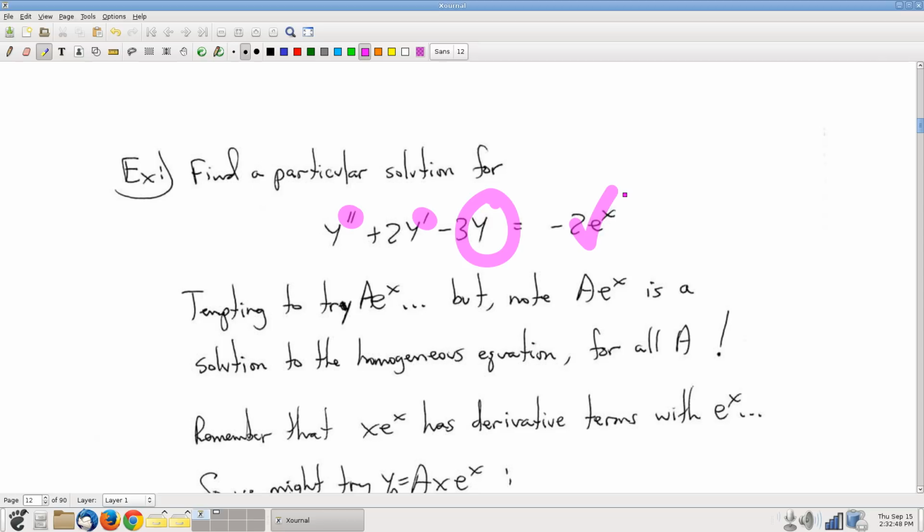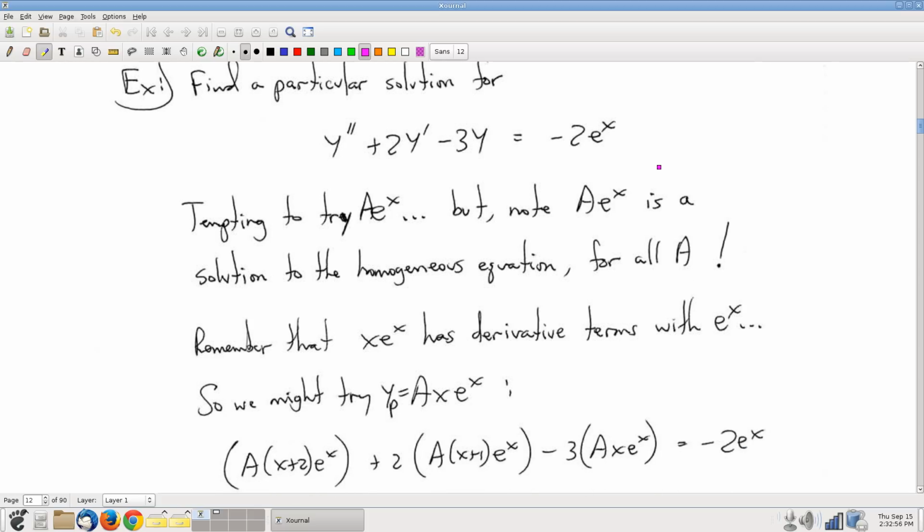So maybe it's not a term from y that balances the term on the right. Maybe it's a term from y prime. So let's remind ourselves that xe to the x, when you take its derivative, will have a term that's just e to the x, which can therefore have potential to balance with our right-hand side.